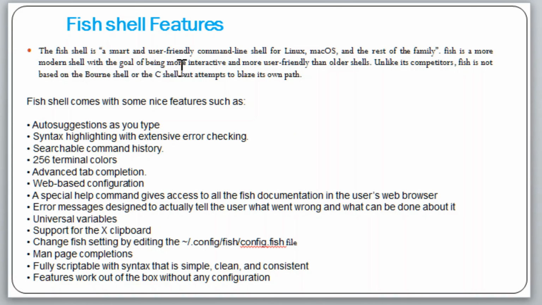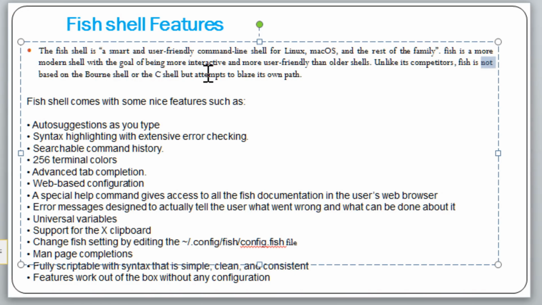Unlike its competitors, fish shell is not based on the Bourne shell or the C shell, but attempts to blaze its own path. Fish shell comes with some nice features such as auto-suggestion as you type, syntax highlighting with extensive error checking, searchable command history, 256 terminal colors, advanced tab completion, and web-based configuration.